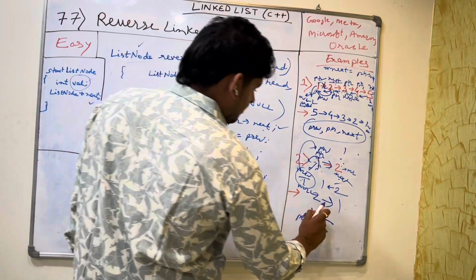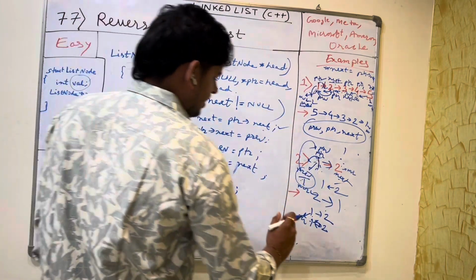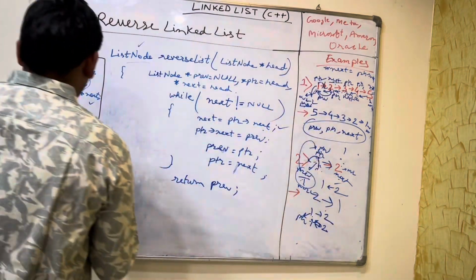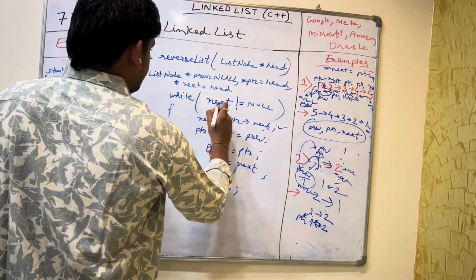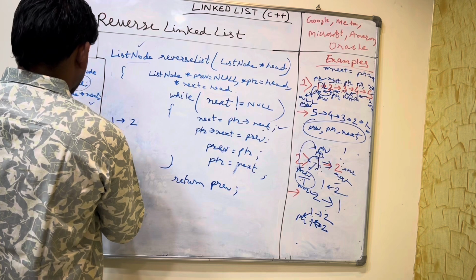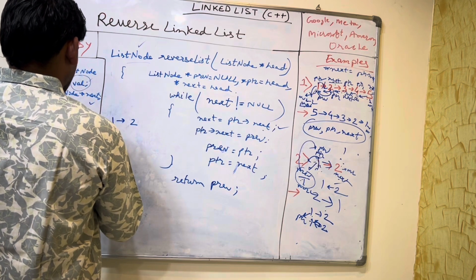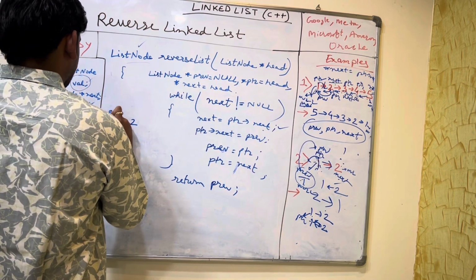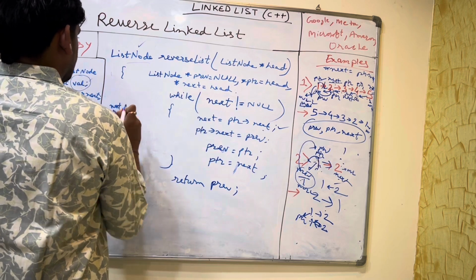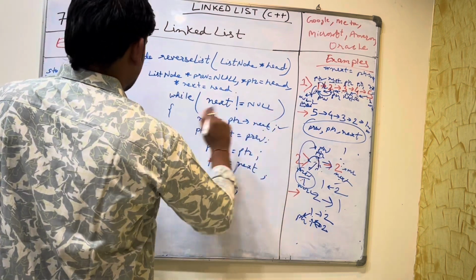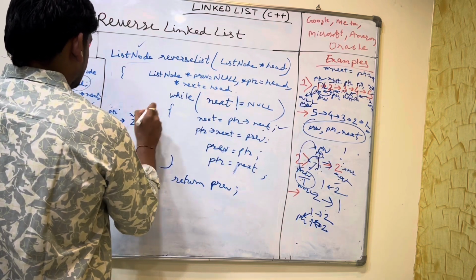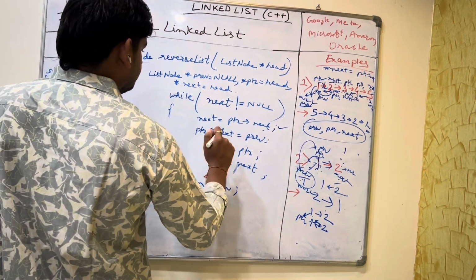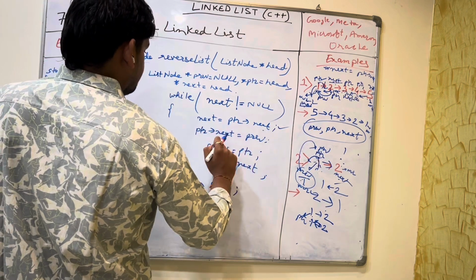So here if we dry run for this, I'll explain it for this example 1, 2. Okay, so in the beginning, previous is null, this is PTR, and this is next. So while next not equal to null, next is equal to PTR next, next moves here, and then PTR next is equal to previous.